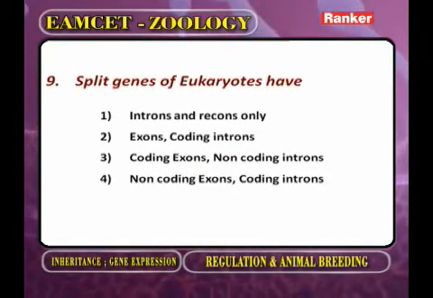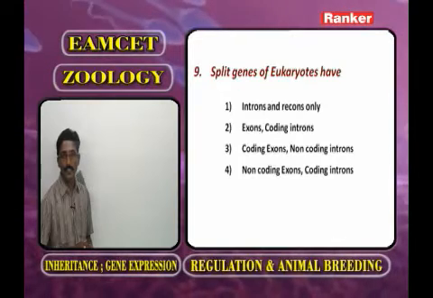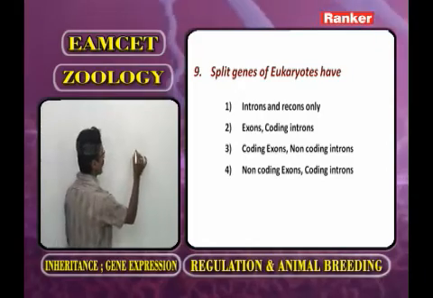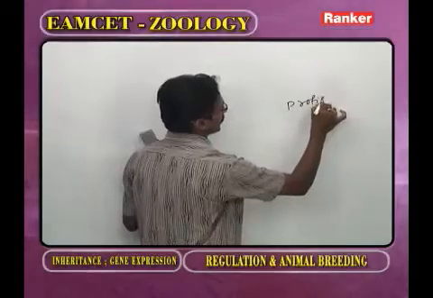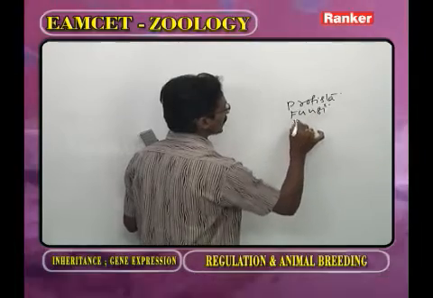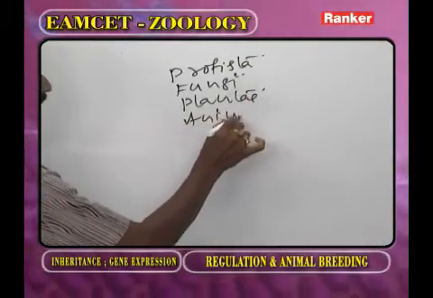split genes of eukaryotes. Now we are discussing the eukaryotes. What are the eukaryotes? Distinct nucleus with nuclear membrane present. One example is protista, one example is fungi, one example is plantae, one example is animalia.